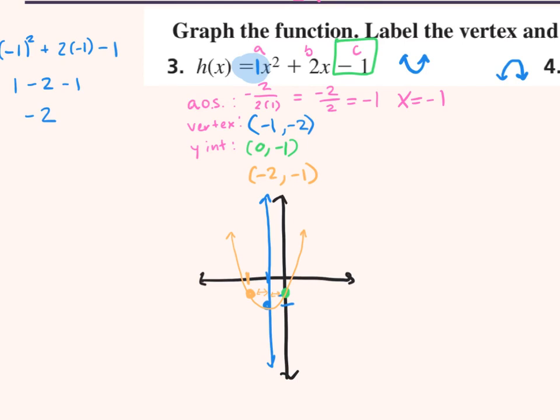So we look at our vertex and see that this is the lowest point on our graph, so this is going to be our minimum value. And our minimum always comes from the y value of our vertex, so what is our minimum value here? -2. Perfect, -2. So we always get it from the y value in our vertex.